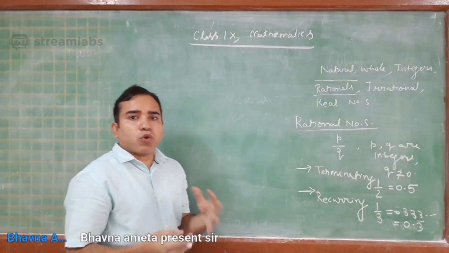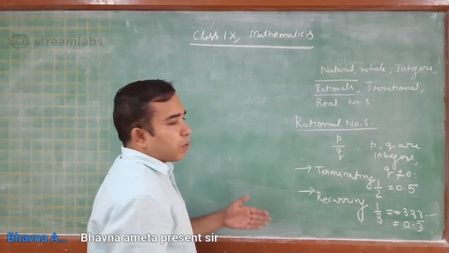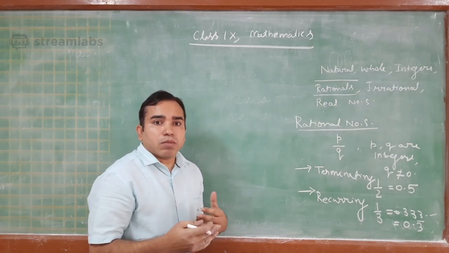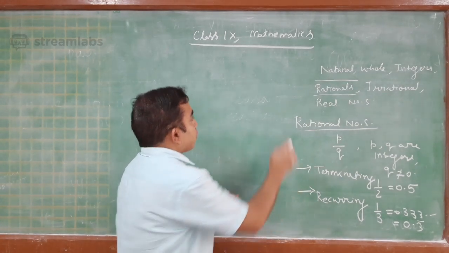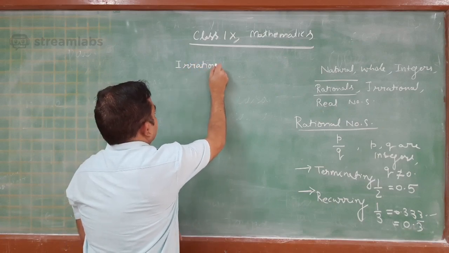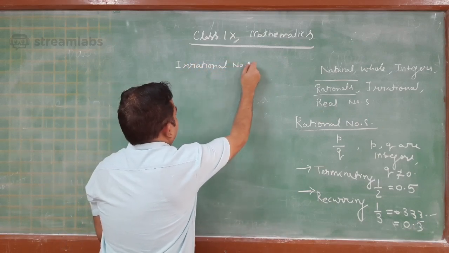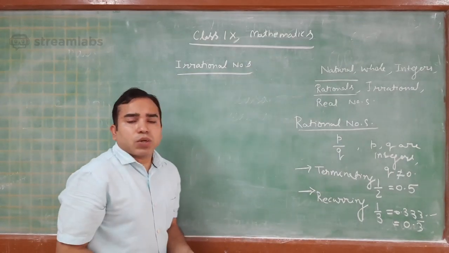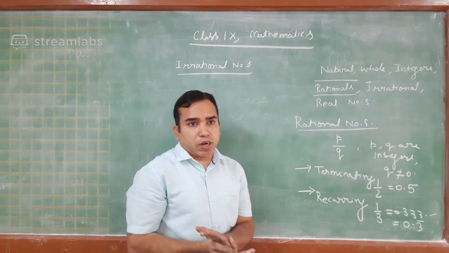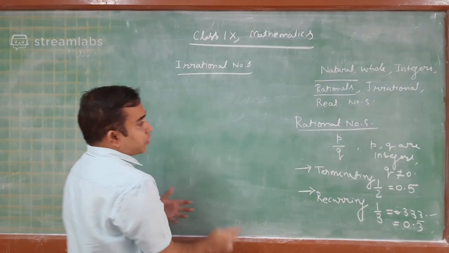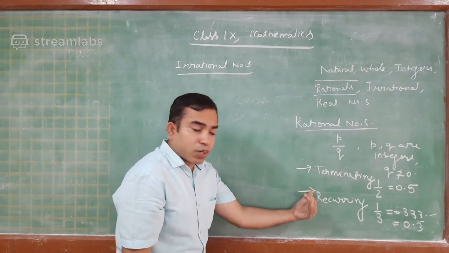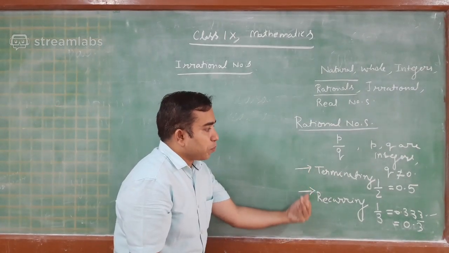Then we discussed some more points, how to show these rational numbers on number line, how to show irrational numbers. Then the other point was irrational numbers. The numbers which are not rational but real are known as irrational numbers, and various examples of irrational numbers you can write by writing the numbers which are not following these two properties.